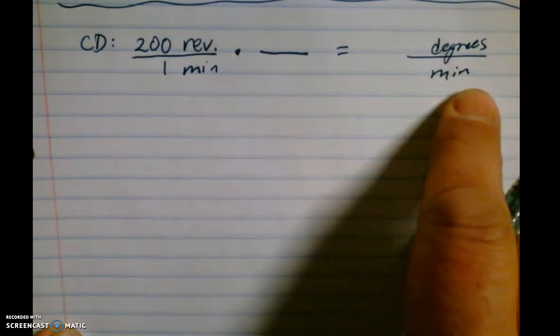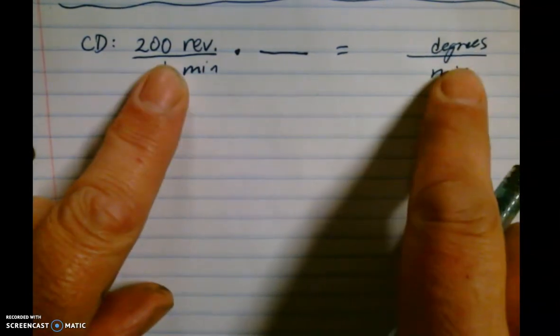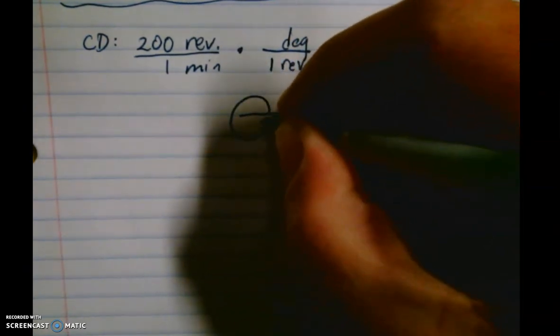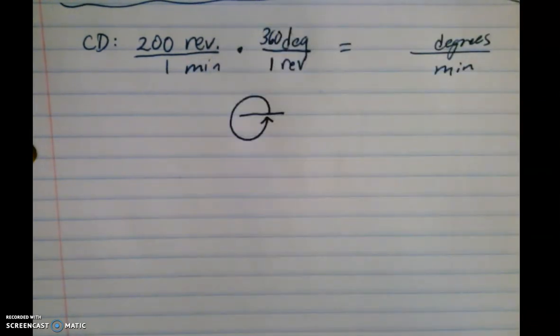Minutes is not going to change. If I need degrees on top, I should no longer have revolutions. Now, what's degrees and revolutions? Well, 1 revolution of a CD would go all the way around, which would be 360 degrees.